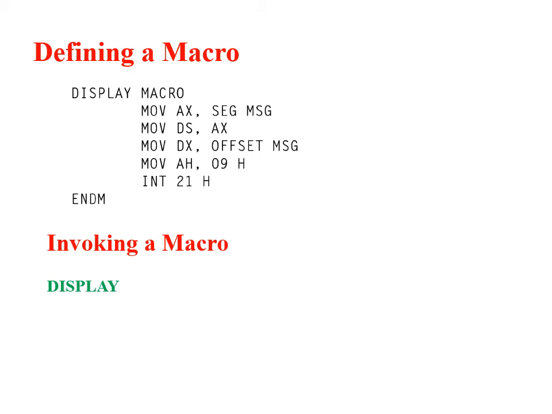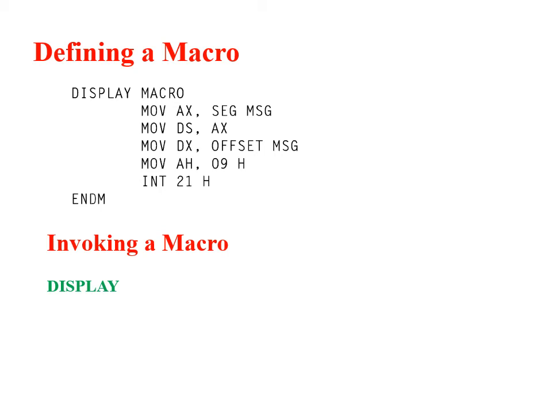So here you can understand that this macro is trying to display a message. It is trying to display a message by invoking the interrupt 21h and populating the AH register with the 09 value. So how do you invoke this macro?